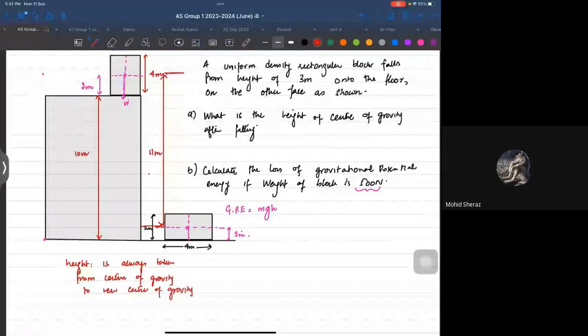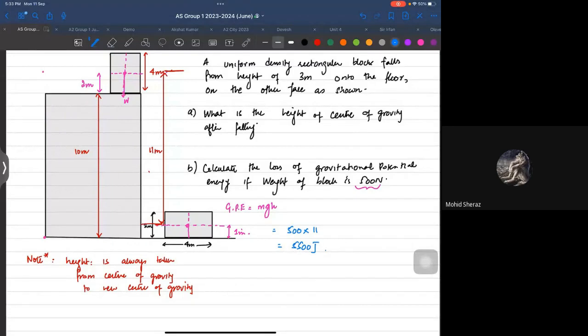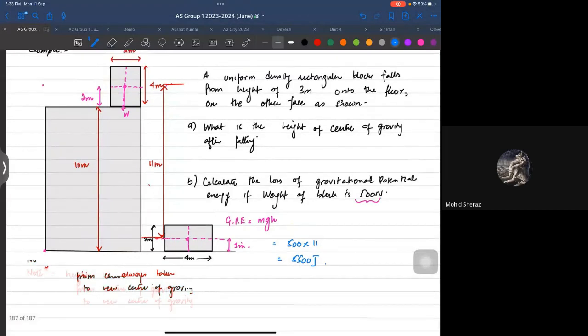Anybody who did not understand this, please let me know. Now, just simply multiply. mg is 500, height is 11, so this is going to be 5500 joules. Is it clear, everyone? Let me know if you have a question.